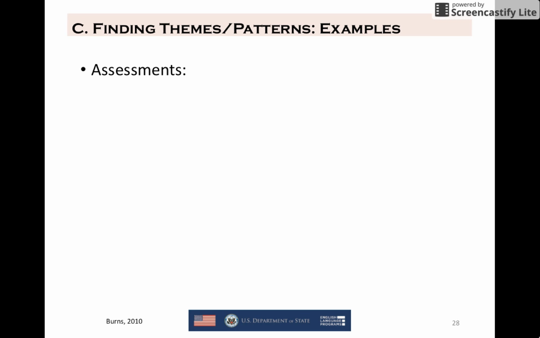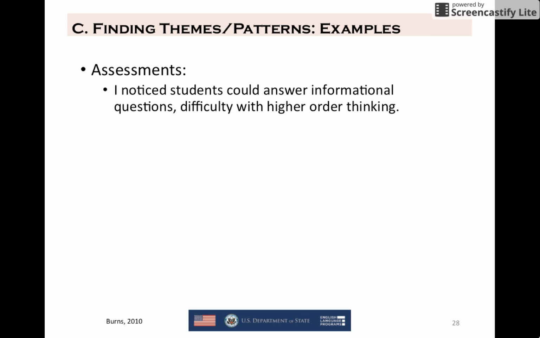Let's go back to our example. Our example teacher first looked at the assessments she took with her students. She noticed that they could answer informational questions, but there were many students that had difficulty answering higher order thinking questions.